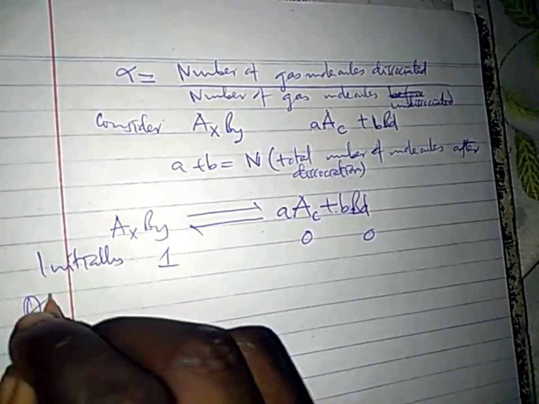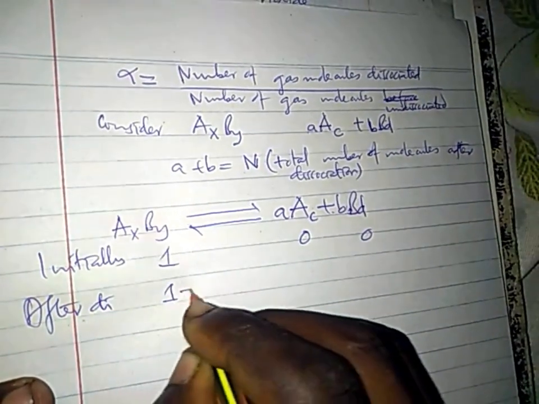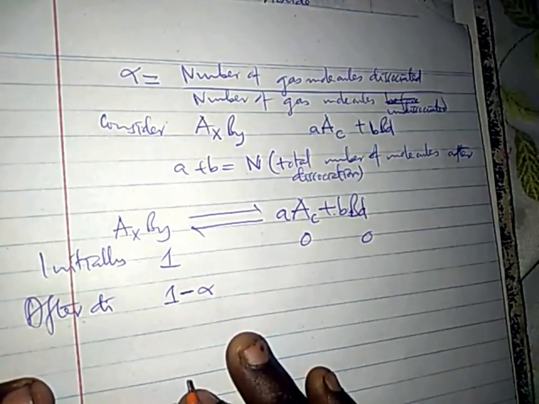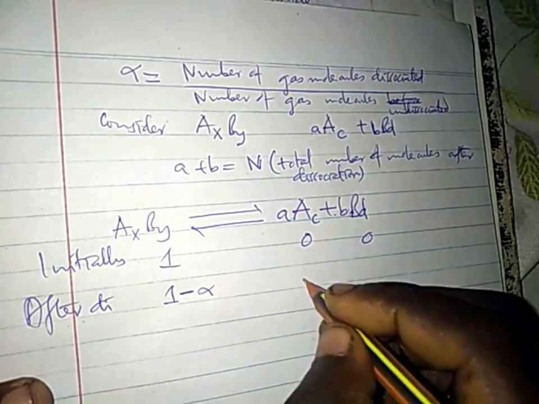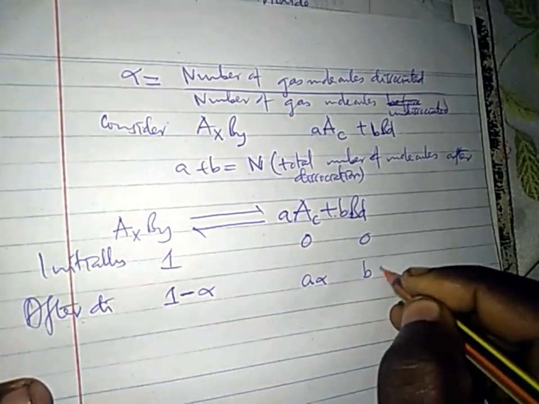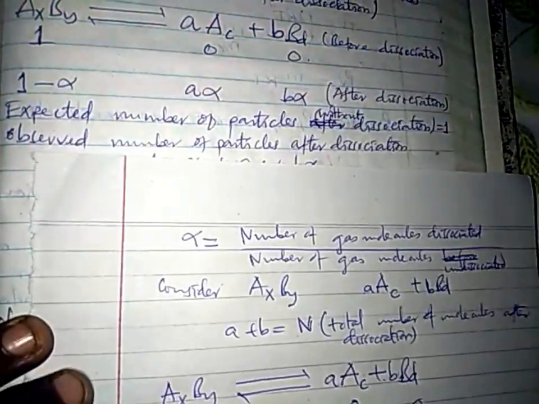So after dissociation 1, hii hapa imedissociate kwa kiwango fulani. This is represented as degree of dissociation alpha. Na hapa naangalia stoichiometric coefficient it will be A alpha, then here it will be B alpha. So hivyo ndivyo ambavyo tunaweza represent jinsi gani ambavyo dissociation inatokea.